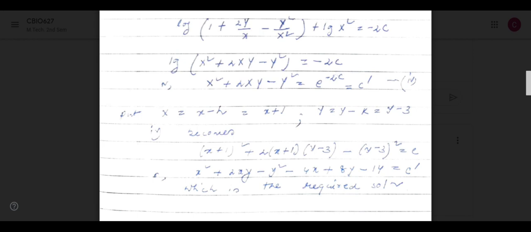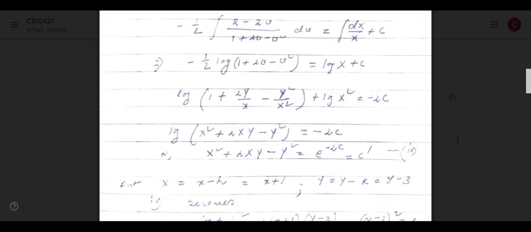We have one example also. a by a dash not equal to b by b dash was the first case, and now when this is equal, a by a dash equals b by b dash. When they are equal, we consider a by a dash equal to b by b dash equal to 1 by m. So a dash will be a into m, and b dash will be b into m.